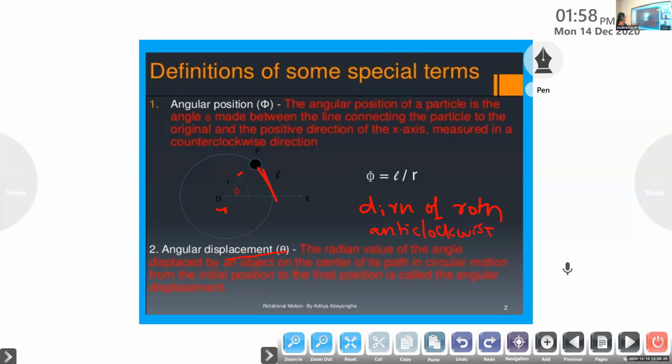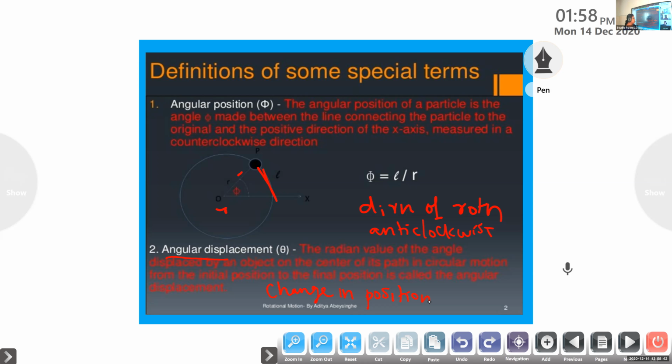But angular displacement theta, you can write it: change in position. We have already learned the same thing.